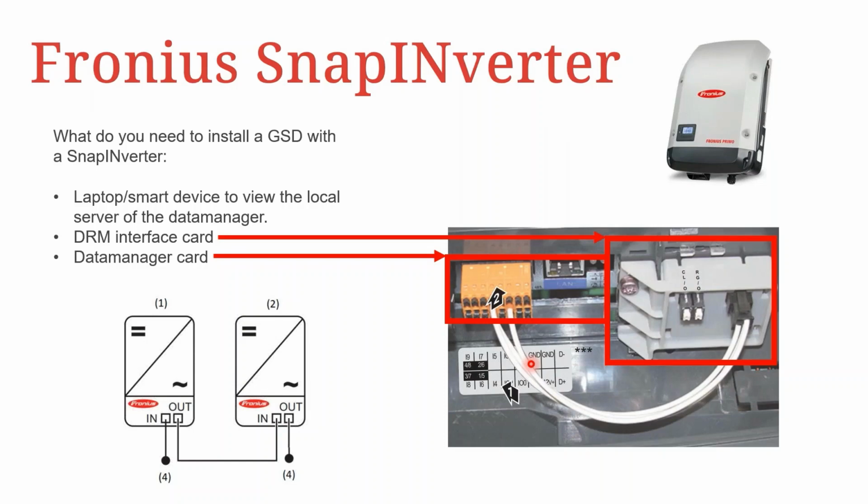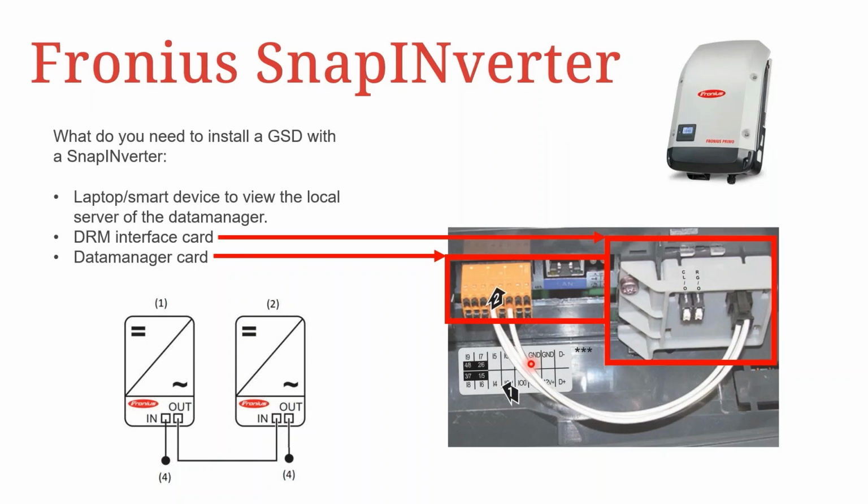There will be one master inverter, which contains the master data manager, and the rest of the inverters are slave inverters. So the master inverter is the only inverter that requires a DRM interface card and the GSD connection. The other inverters don't require any DRM connections apart from being in the same solar net loop.